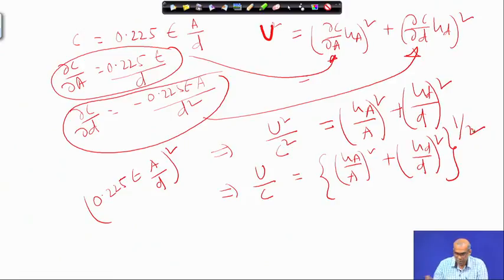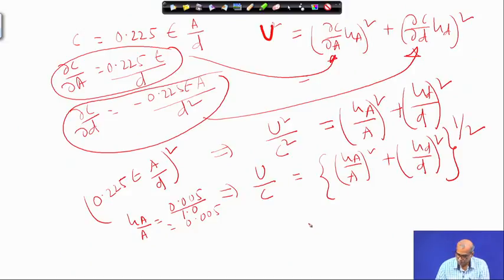Now, what is u A by A? The uncertainty in area is 0.005 and the nominal area was 1. So, this is 0.005.